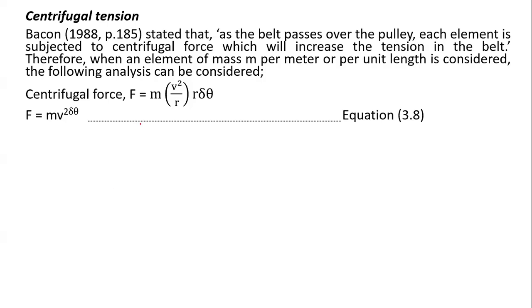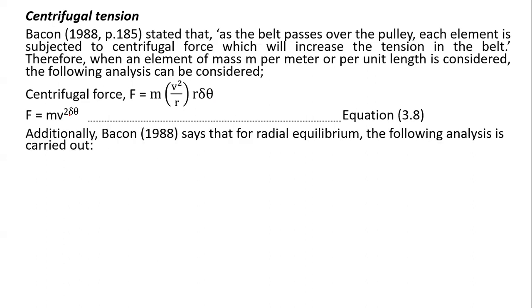And then because it's a force we're talking about, we introduce the theta as well. Then F equals m v squared d theta. So this is supposed to be below there. That is our centrifugal force.